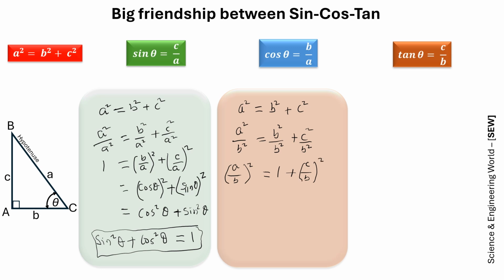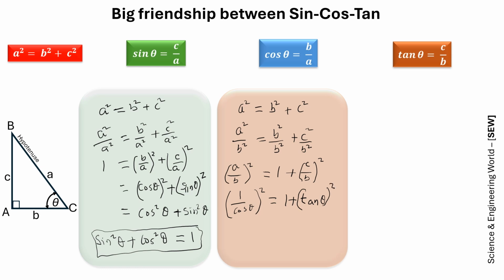Now, like we have seen above as well, a over b is the inverse of b over a, which is cos theta. So a over b is the inverse of cos theta, that is (1 over cos theta) squared equals 1 plus c over b. C over b is tan theta, so tan theta squared.